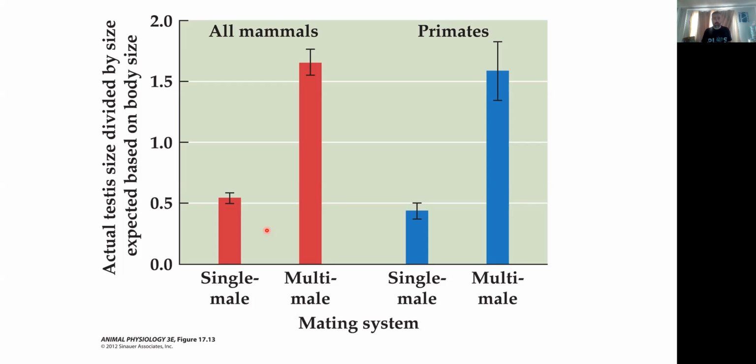So here we're looking at mammals across the board, all mammals, and then here just primates, and 2 different mating systems. If we have a mating system with just one male and maybe one or maybe a lot of different females, it doesn't really behoove us to have big gonads. There's no reason for us to have them. There's no competition. But where there are a lot of males, a lot of potential competition, we find that gonads are really big, for a couple of different reasons.